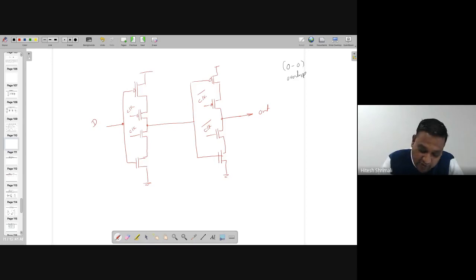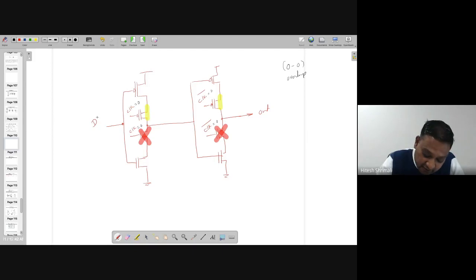If there is a 0-0 overlap, clock equals 0 and clock bar is also equal to 0. Look at the different transistors: this is going to be on, this is going to be on, and at that time these two transistors are off.